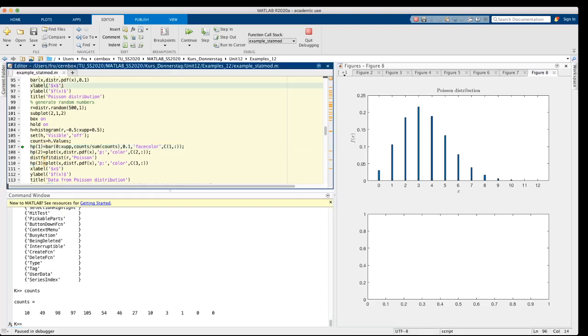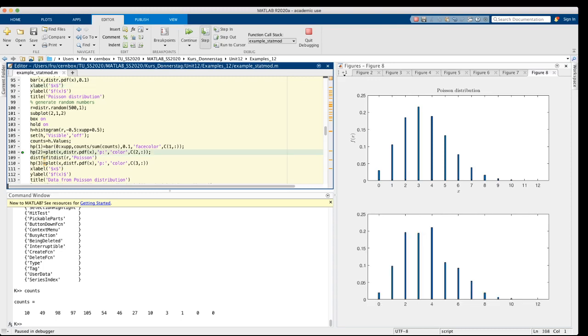We can now make a graphical representation of the counts by using the function bar, which makes a bar plot. So the blue bars are the counted frequencies in the random sample. The pentagrams or stars are the values of the PDF, which you see in the upper panel.